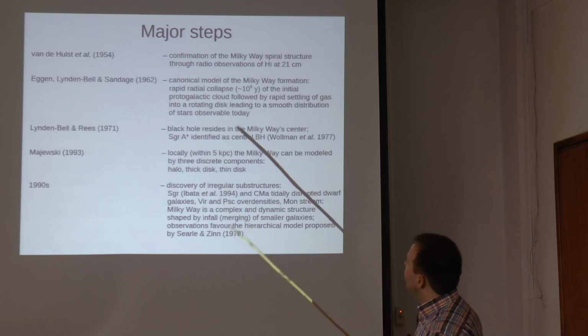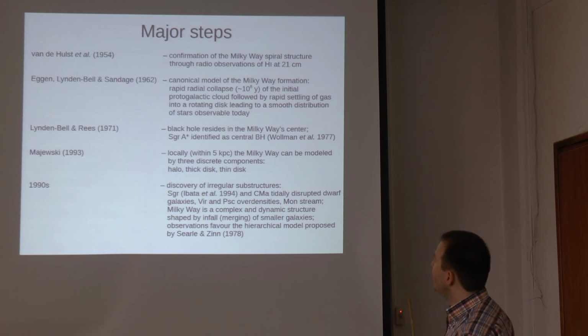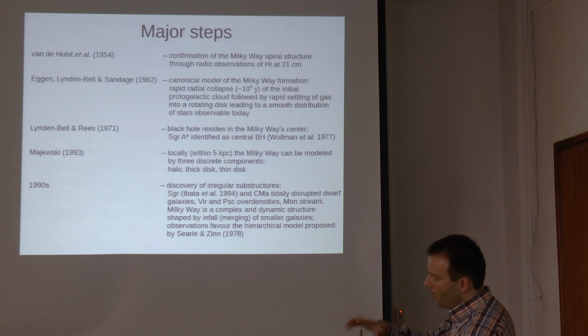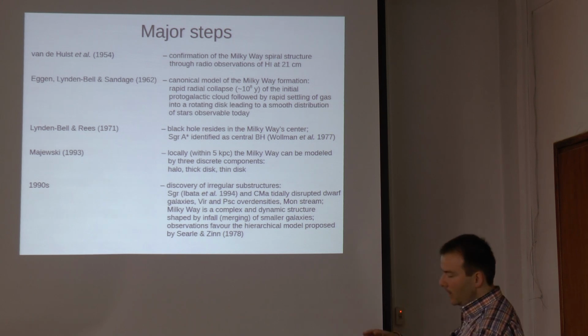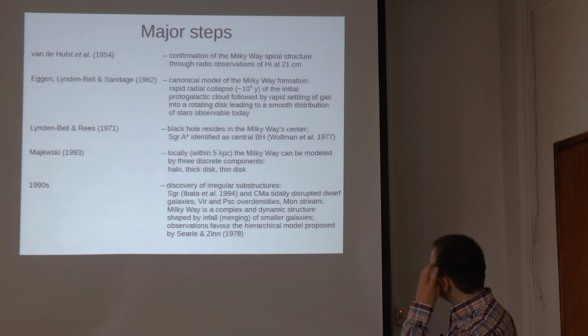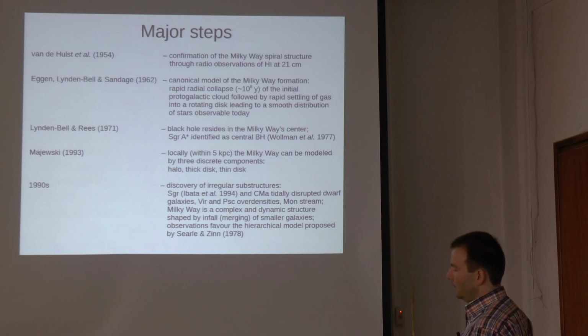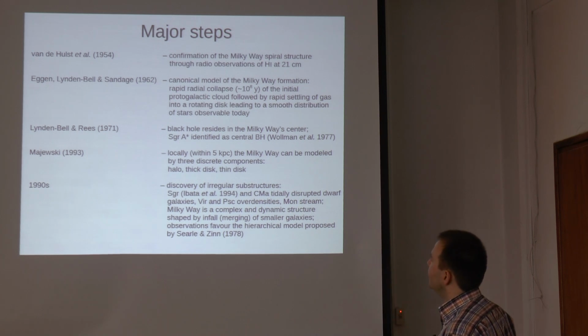Then in 1962 came the idea of the formation of the Milky Way, the canonical model, that one cloud collapsed and relatively quickly the gas formed the disk, and then stars appeared, and they are as we can see them right now.